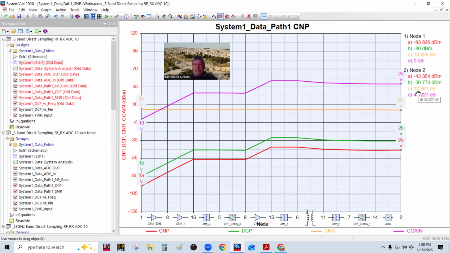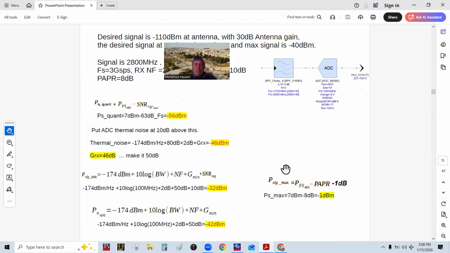And so you can see that the signal to noise ratio is 13.826 at the input here, but right after the ADC, it is actually 12.581, which is really good. We only lost a half dB of SNR because the noise figure is superior, and the ADC that I'm using is an expensive one.